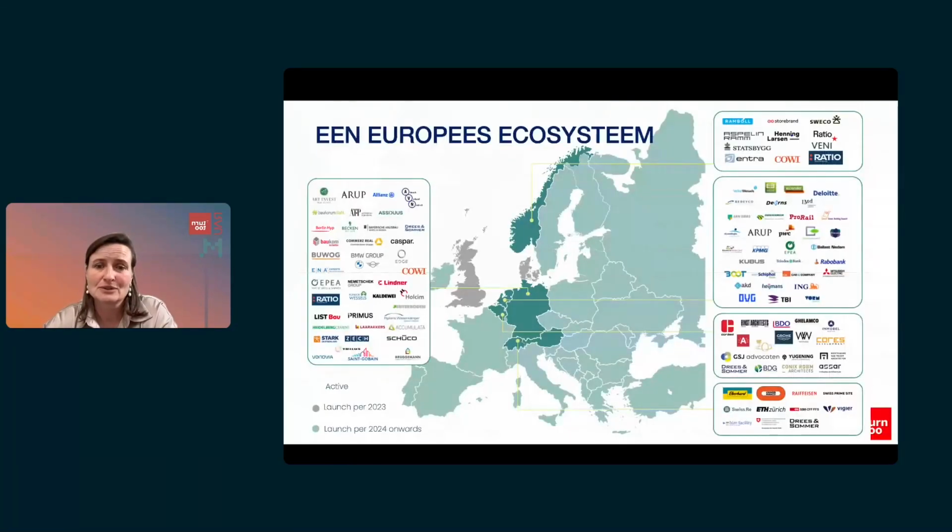green building. So it's a European ecosystem. It's now active in 8 European countries. The UK by now is green as well. It has been launched in Austria just recently.